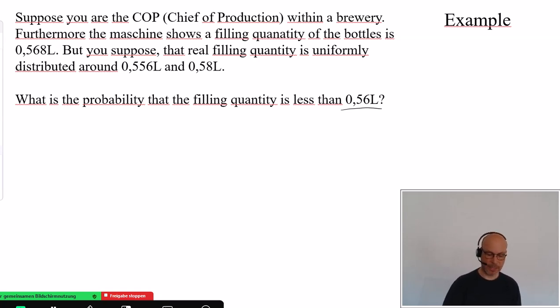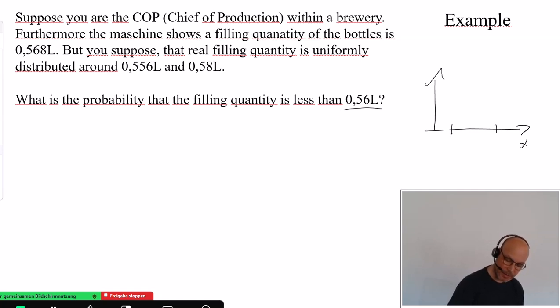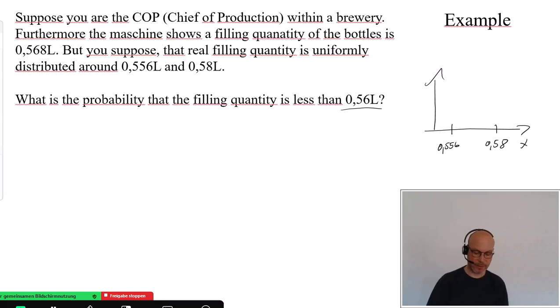Well, for this we need our uniform distribution. This would mean we have a horizontal line between 0.556 until 0.58. So what is the distance between these two numbers? 0.024.